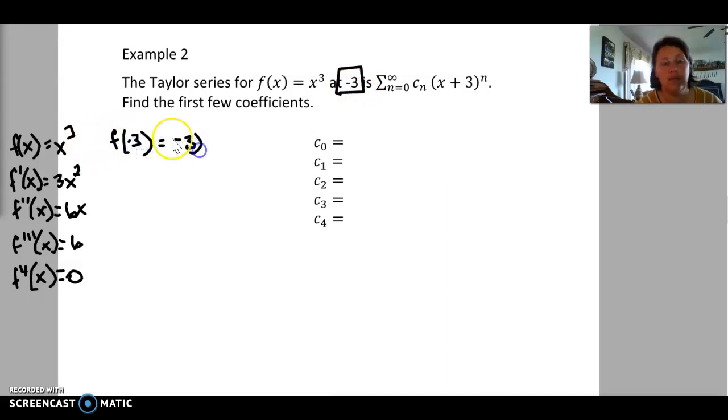So -3 cubed is going to be equal to -27.